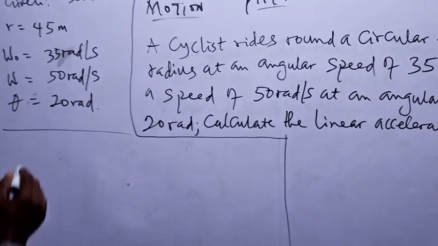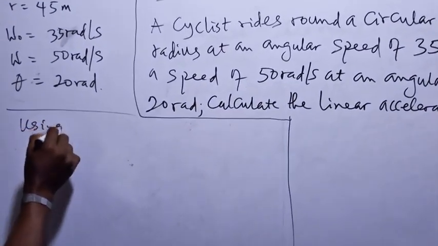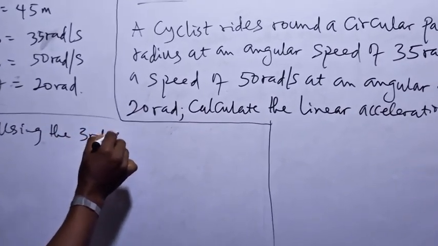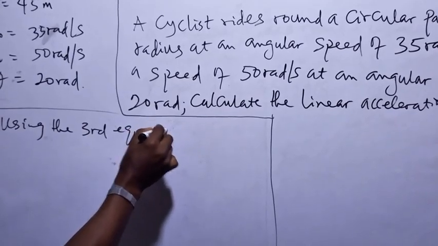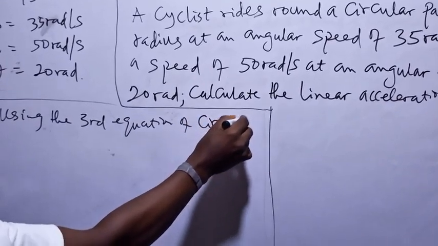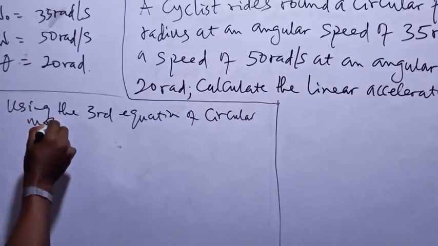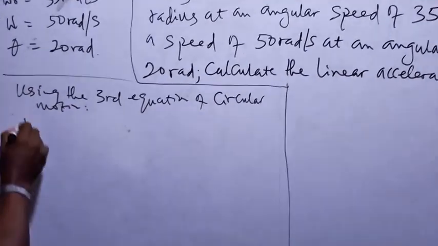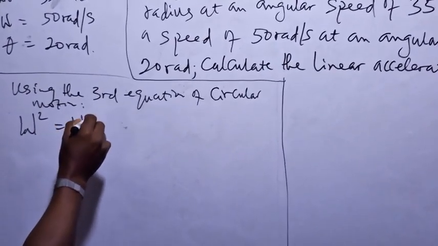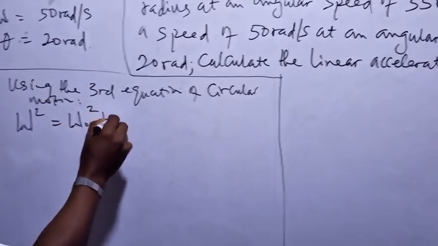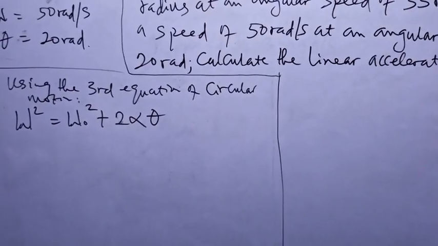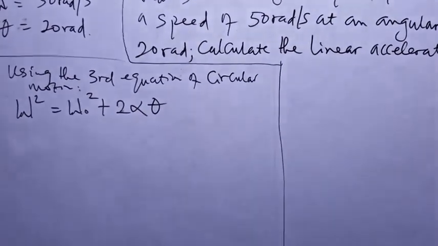Now let's use the third equation of circular motion. We have that ω² equals ω₀² plus 2αθ.